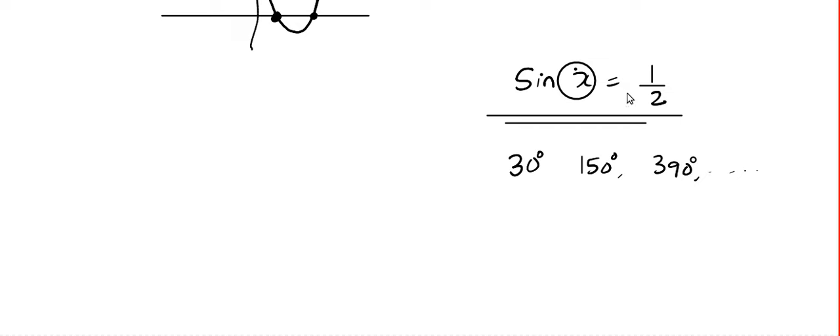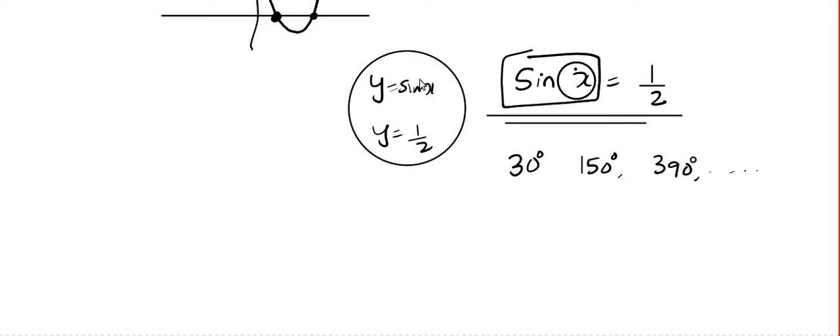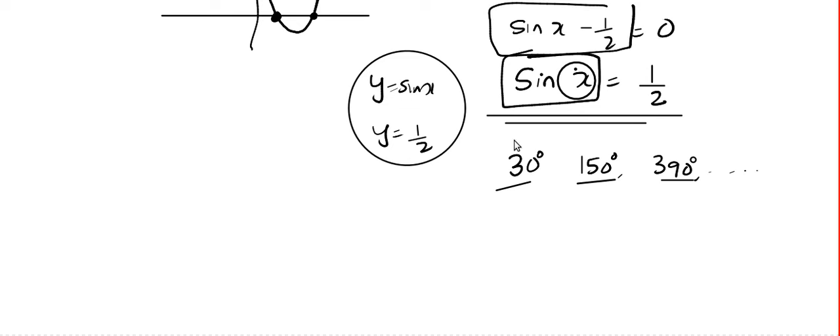You can make the graph of y equal to sin x and y equal to 1 by 2, and you can see that these two graphs will intersect at 30 degree, 150 degree, 390 degree, etc. Or you can imagine the graph of sin x minus 1 by 2 equal to 0. Anyway, let's move ahead.